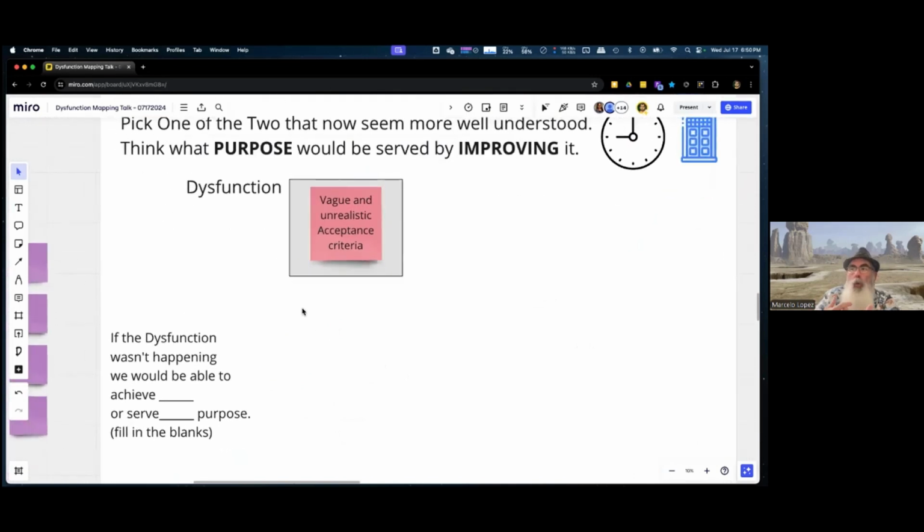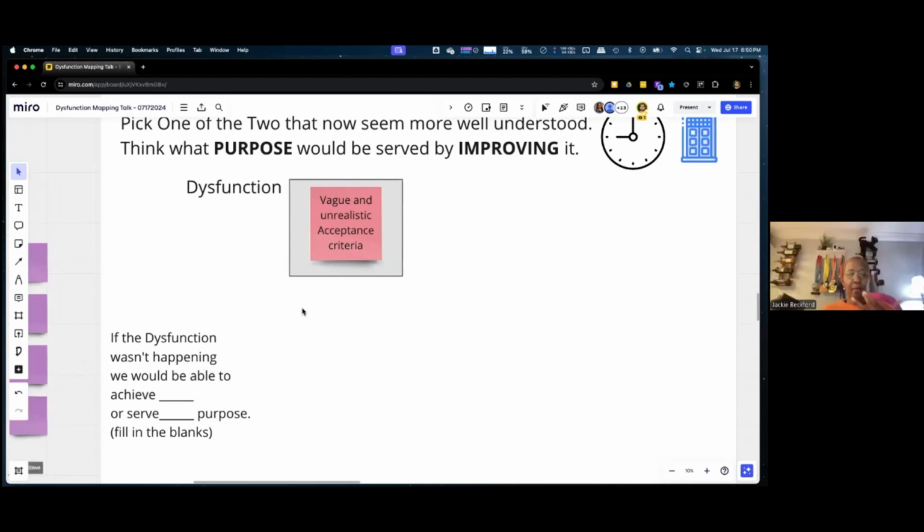In other words, what sort of thing are we serving by trying to improve the fact that we don't have good acceptance criteria? If we didn't have vague and unrealistic acceptance criteria, we would be able to do what?